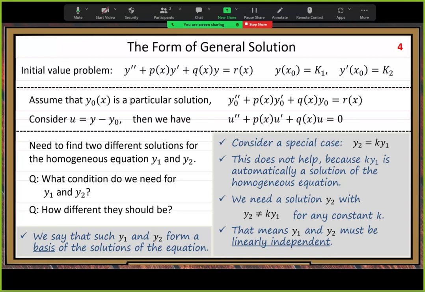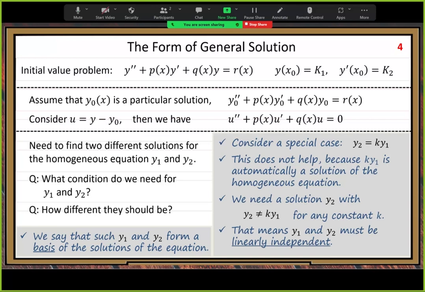We want to see what new differential equation this u satisfies. Fortunately, this u satisfies the homogeneous version of the previous non-homogeneous differential equation. Homogeneous version, just to drop the right-hand side, r of x function.